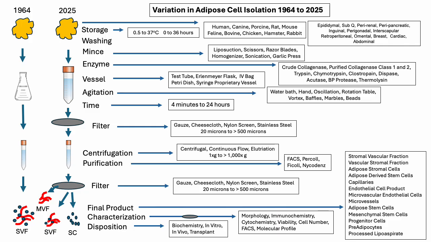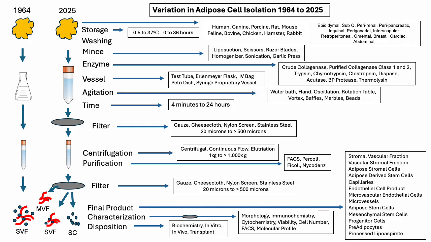And the variation I've seen has been from no agitation. The fat is simply put in with enzyme and incubated at 37 degrees with no agitation, or with very significant agitation with the addition of certain materials such as marbles and beads in order to try to break this tissue up as quickly as possible. Time differences, 4 minutes to 24 hours in enzyme.